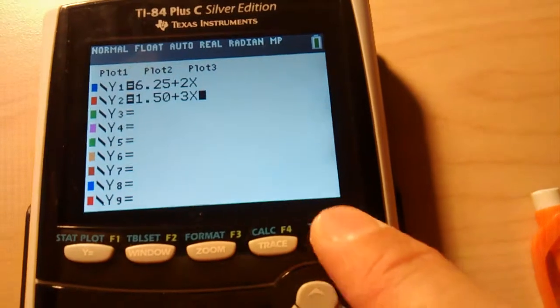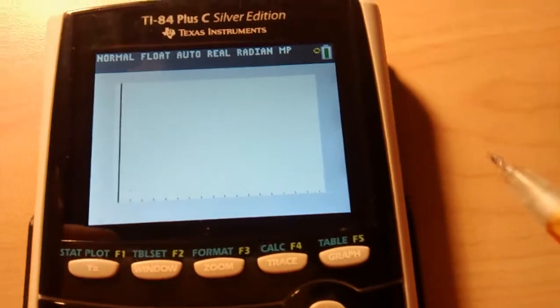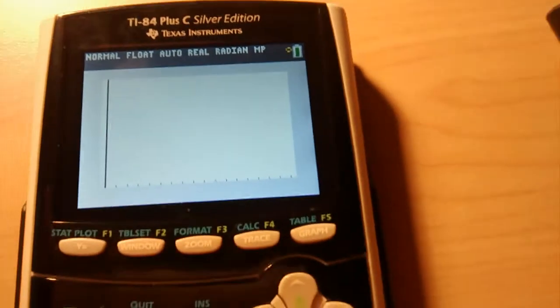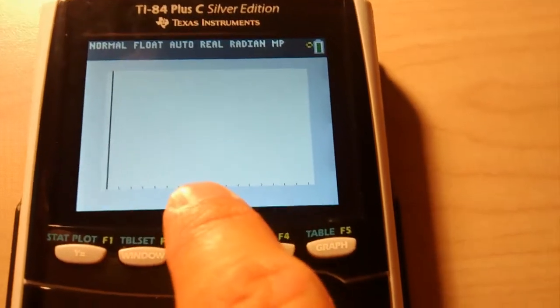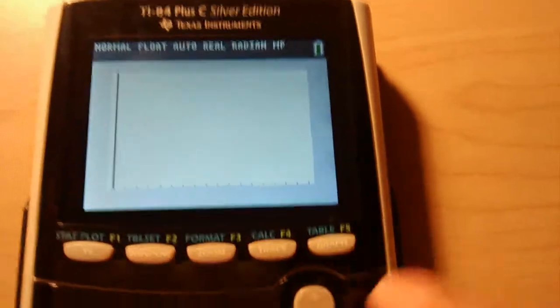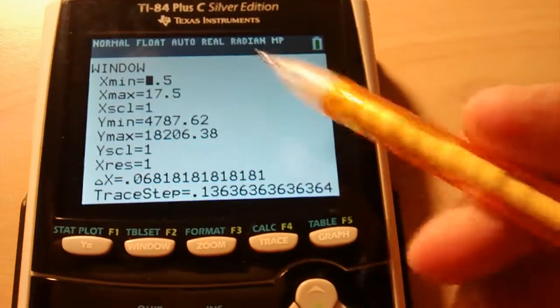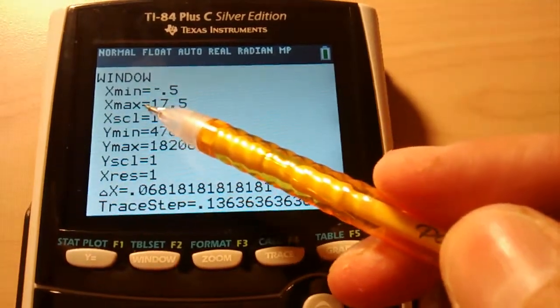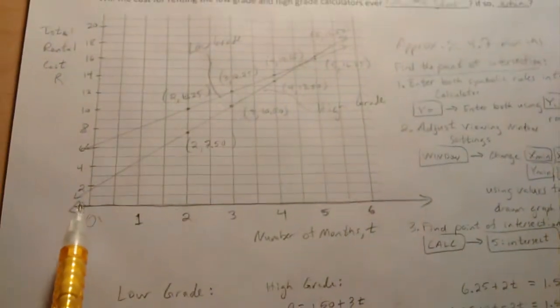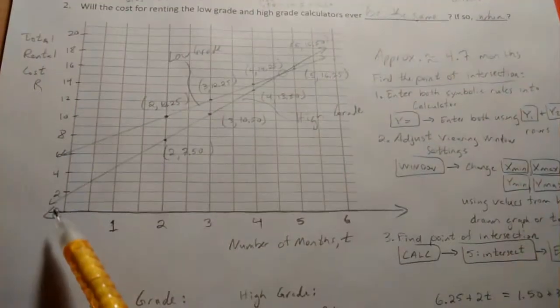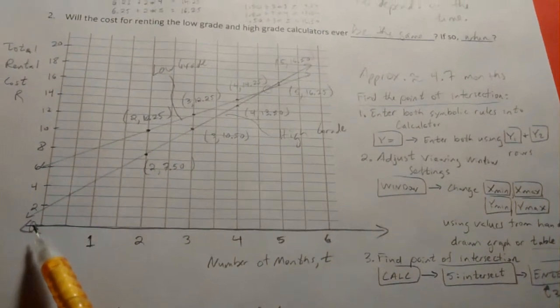If I just hit graph, chances are my viewing windows are not correct. To show you what my current scaling is along here and along here, we'll hit window. This X-min and X-max are the viewing windows, meaning the left-hand portion of viewing along this input axis would be negative 0.5.